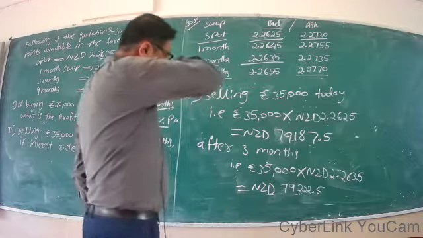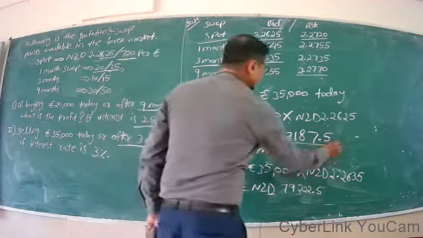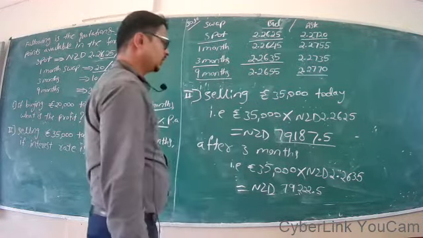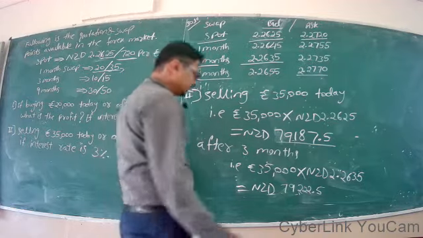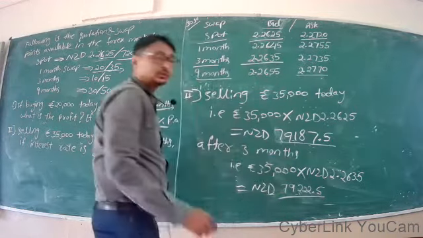Now if you sell it today itself, you get 79,187.5 New Zealand dollars. If you are selling after 3 months, you are getting 79,222.5.